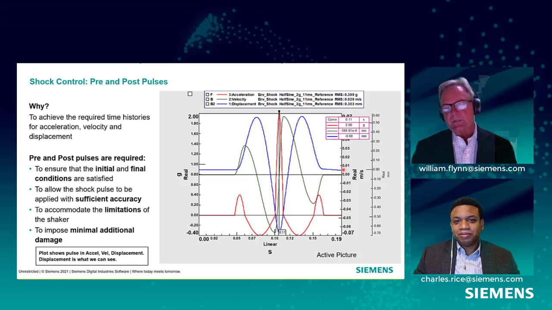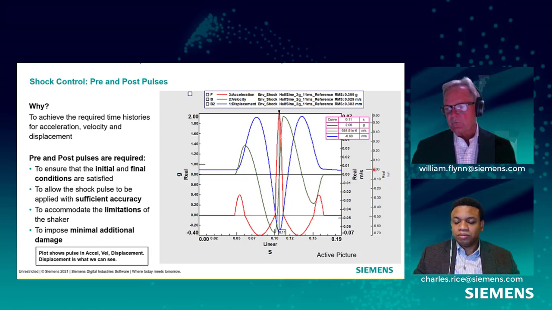But also, you use these pre-pulse and post-pulse to make sure that your velocity and displacements are all at zero at the end. So you see this displacement response that's using this axis over here. It should be exactly at zero.